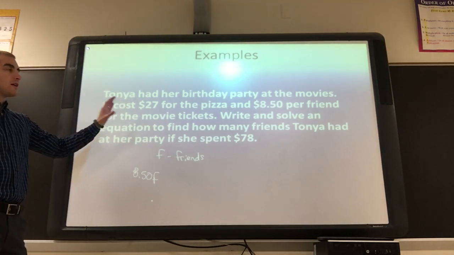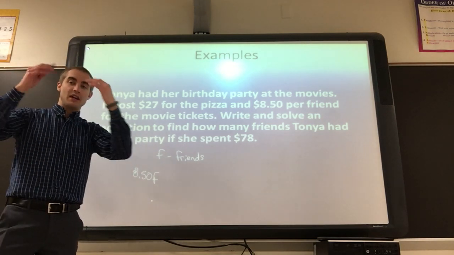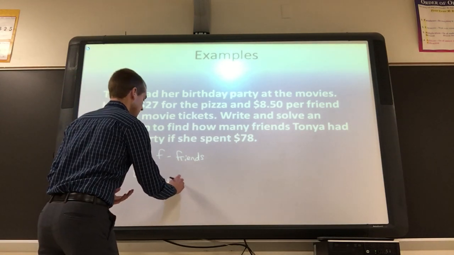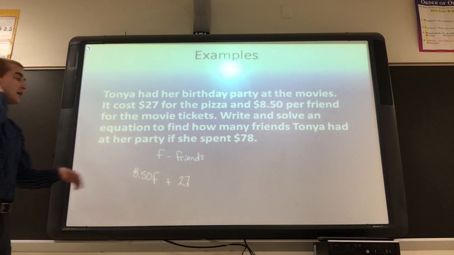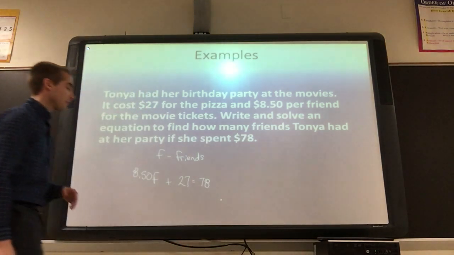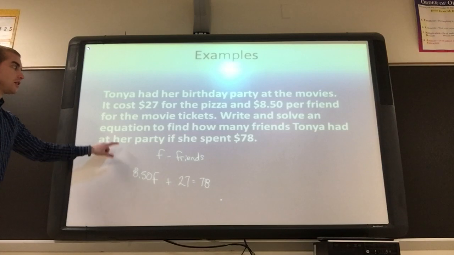So if I'm trying to find out how much total I can spend, it's going to be $8.50 for every movie ticket plus the $27 for pizza. So $8.50 F plus 27 equals, and she has $78 to spend. So 8.50 F plus 27 equals 78. That's our equation.